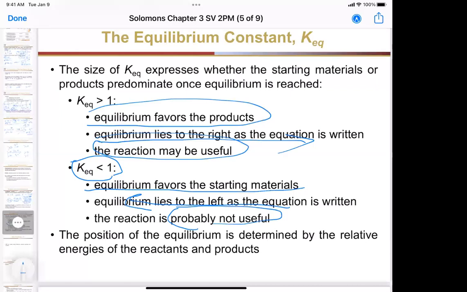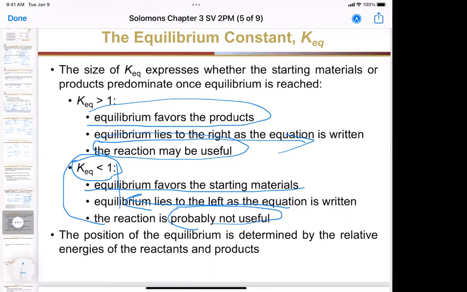The only time you can make a reaction like this useful is by perturbing the system, taking away one of the things you're forming to make it go closer to products. All right, questions on that? So when you think about it, products are on top. The bigger that number, the more likely it is to make products.